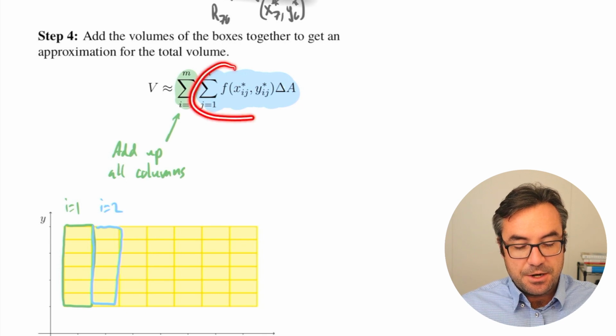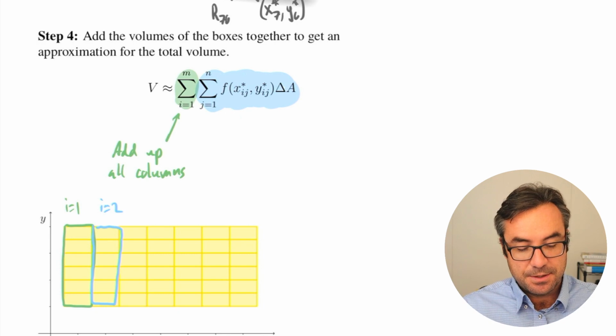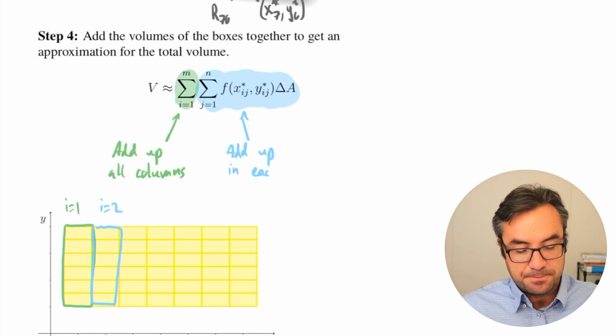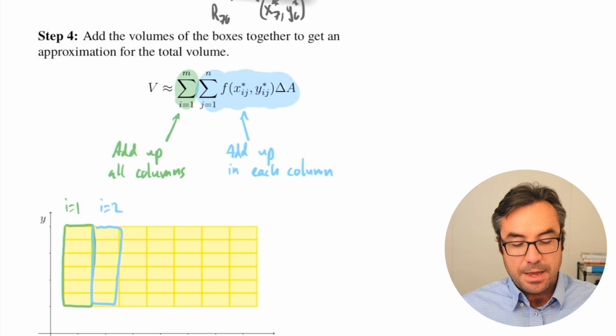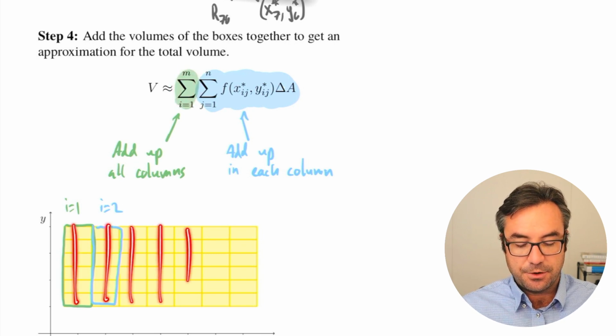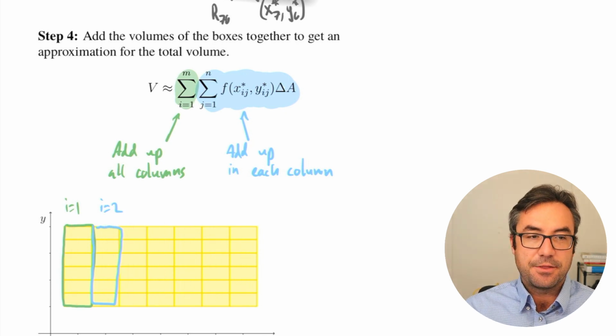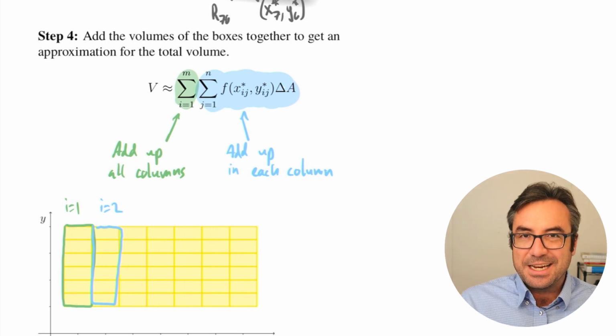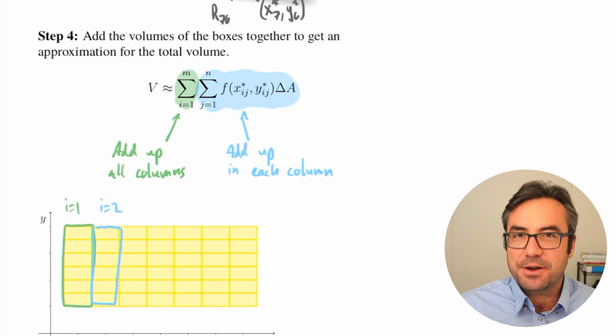So this inner Riemann sum here is what we're adding up in each column. And then this outer one is taking all of the columns once we've figured all those out and adding all those together. So you can see how the iterated integral is going to come into play.